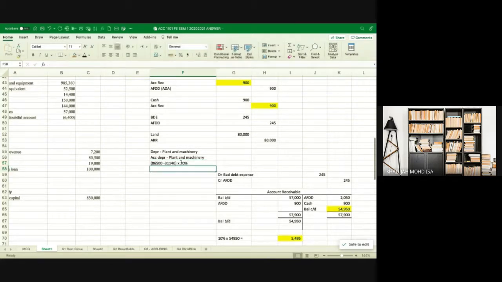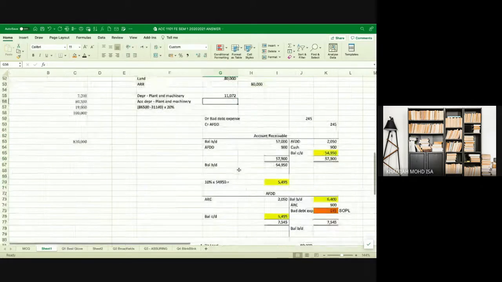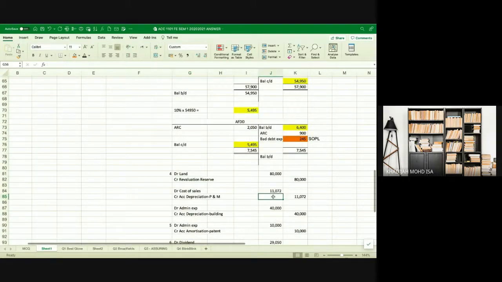So if you want to compute, for example, here: 86,500 minus 31,140 times by 0.2. Do I get the same answer? 11,072. Yes, the answer is 11,072.